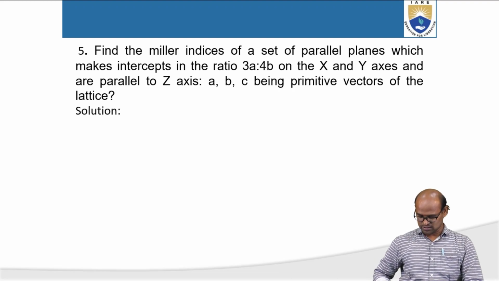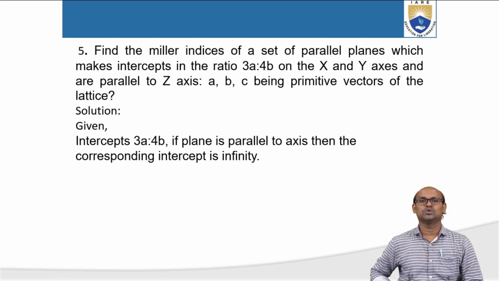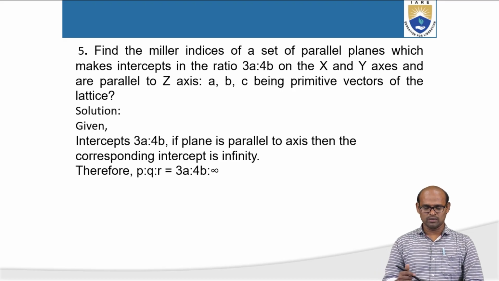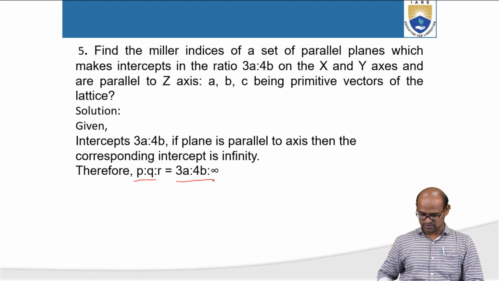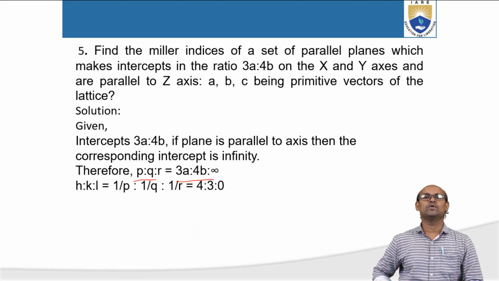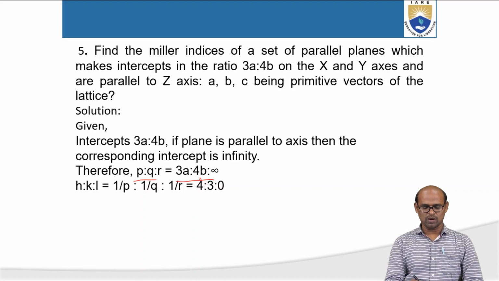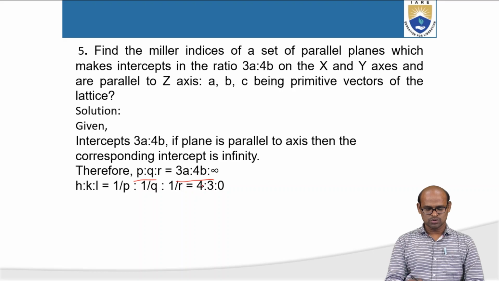First, always start with the given. The intercepts are given, 3a and 4b, and since the plane is parallel to the z axis, the intercept is infinite. So p, q, r are 3a, 4b and infinity. Then we have to write the reciprocals.